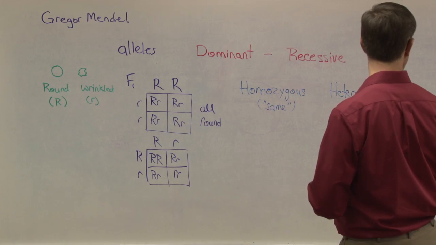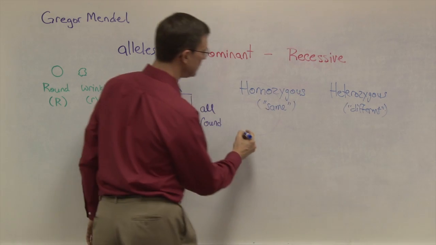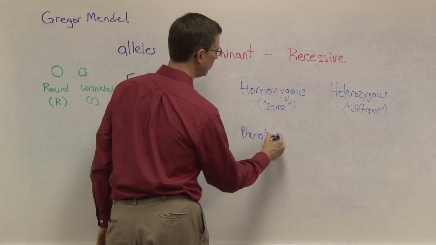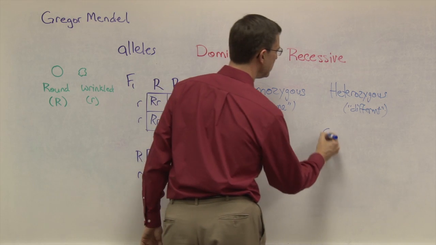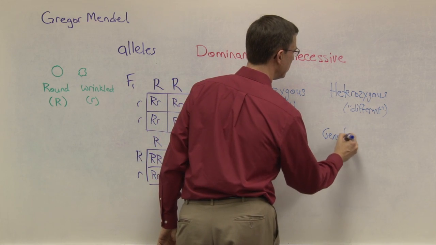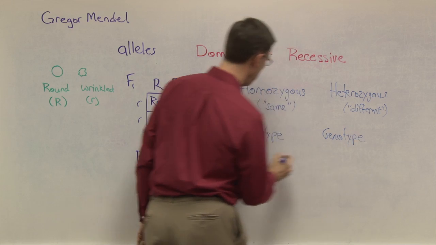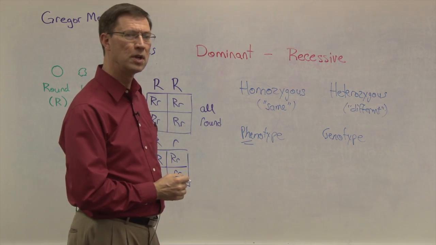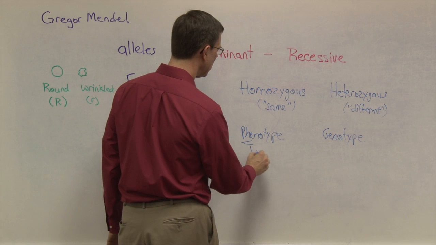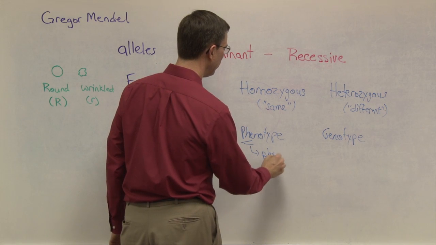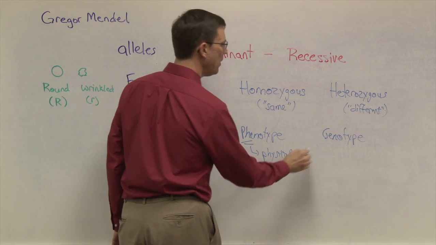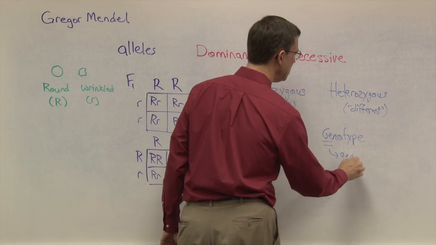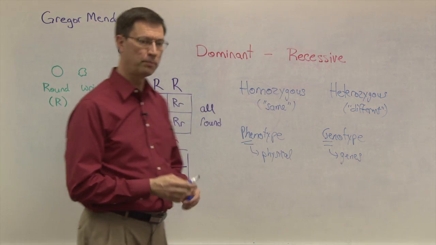There's another term that's important, and that is phenotype versus genotype. Now in the root here of pheno, we have the pH, which reminds us of physical. And then here we have the genes, which reminds us of the genes or the genetic makeup of the plant.